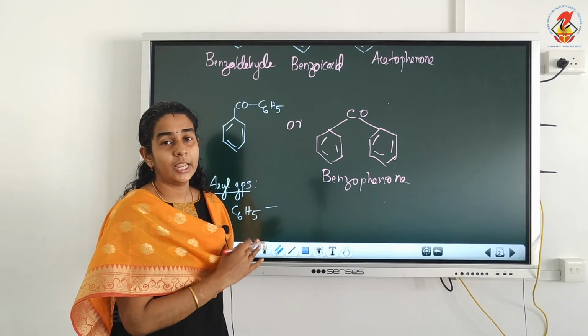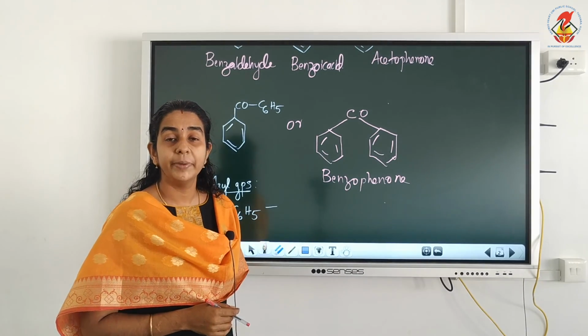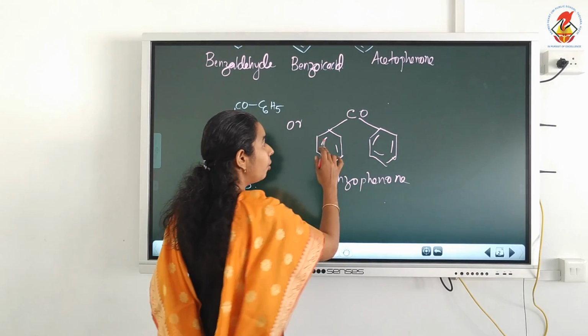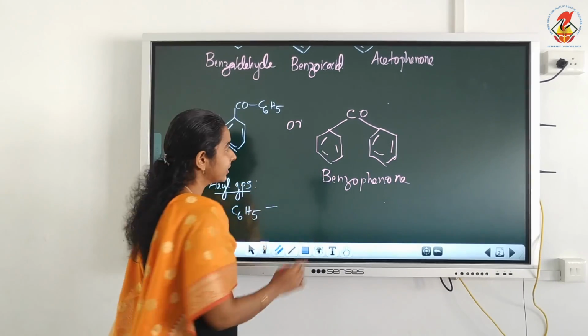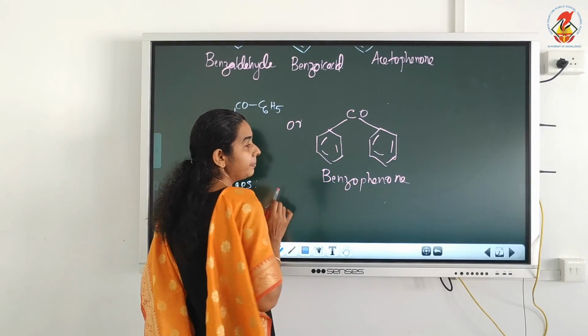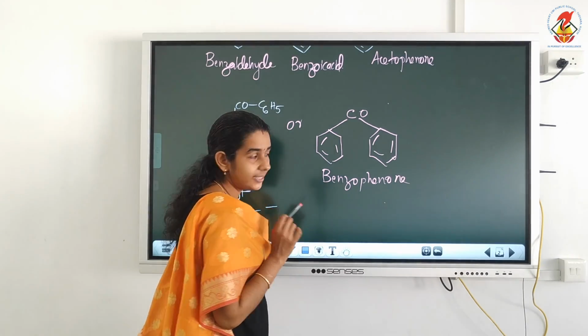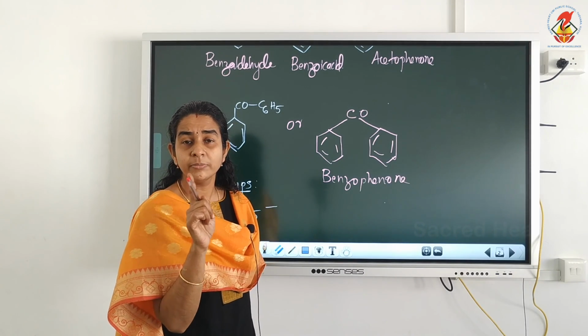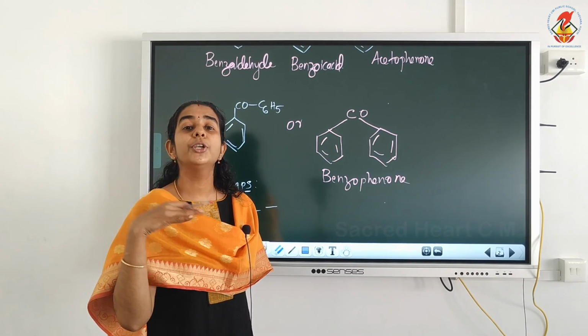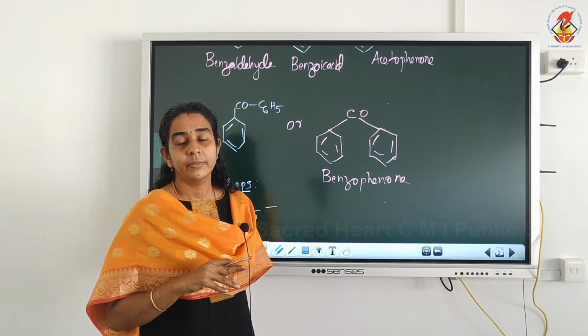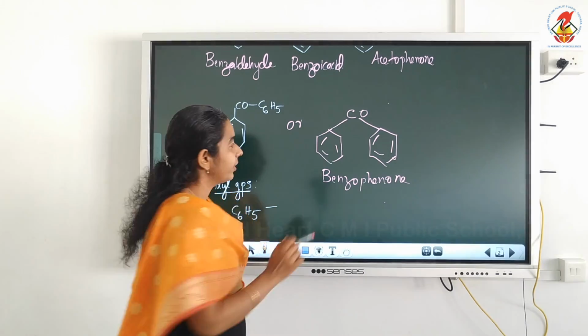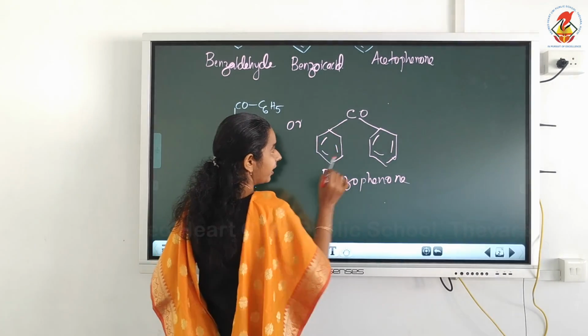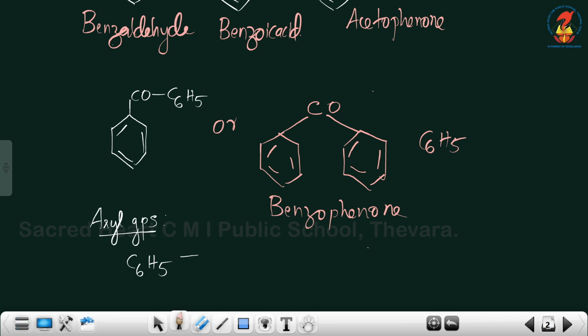So remember, what is the common name of this compound? It is benzophenone. If it is a simple benzene ring, it is C6H6. But when one branch comes, one hydrogen is removed. When two branches come, two hydrogens will be removed. So here in this benzene ring only one branch, so we can write it as C6H5.